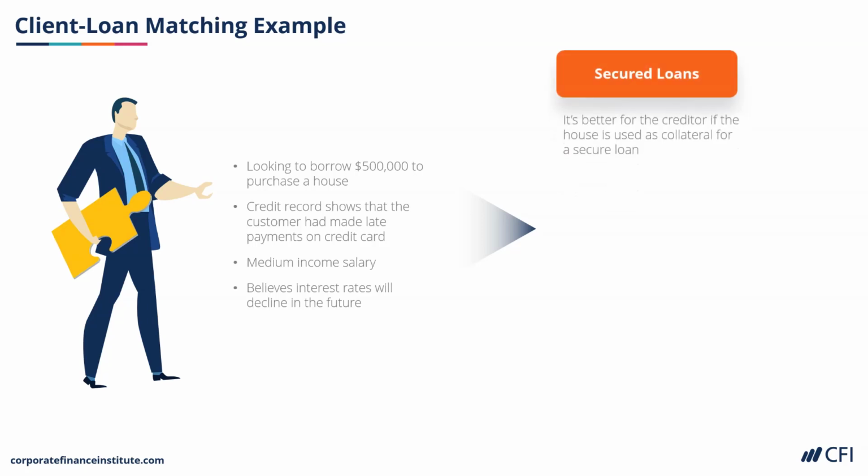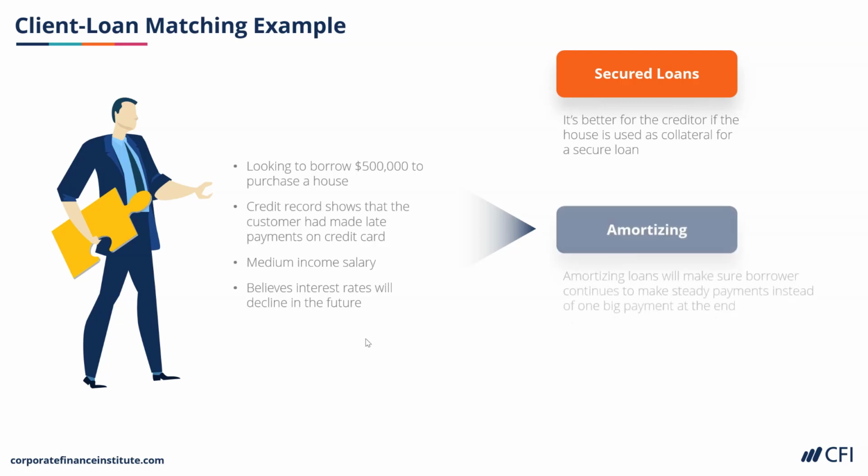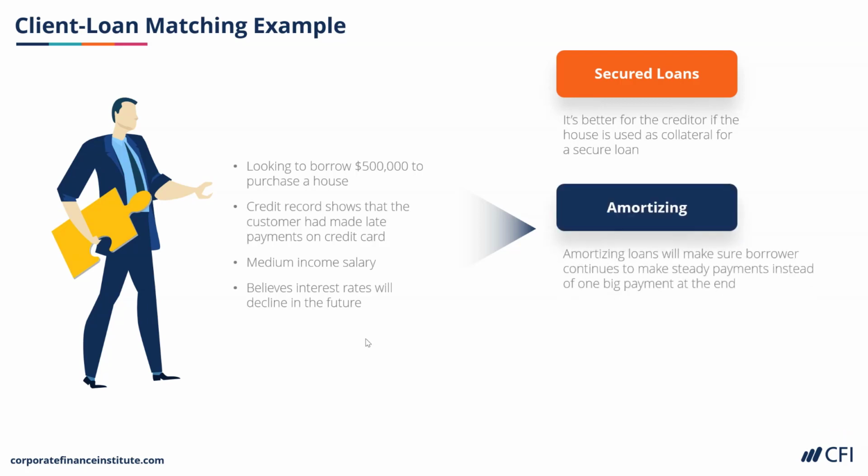The loan should be secured. It's better for the creditor, of course, and since it's going to be used to purchase a house, the house can be used as collateral. It makes sense for this to be an amortizing loan so that the borrower can start to pay down principal as they go along, as they would be unlikely to be able to repay all of the principal at once at the end.